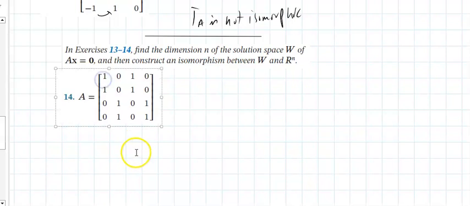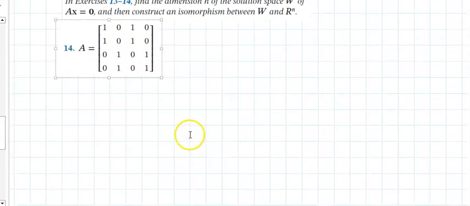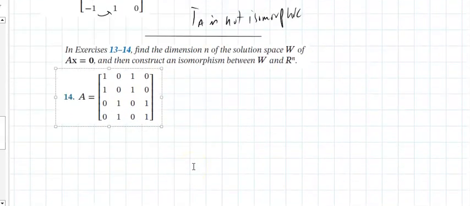How about here? Now, this is where things get a bit more interesting. Find the dimension n of the solution space W for Ax equals 0, and then construct an isomorphism between W and Rn. Well, let's do this a step at a time. That is, let's find the actual solution to Ax equals 0.